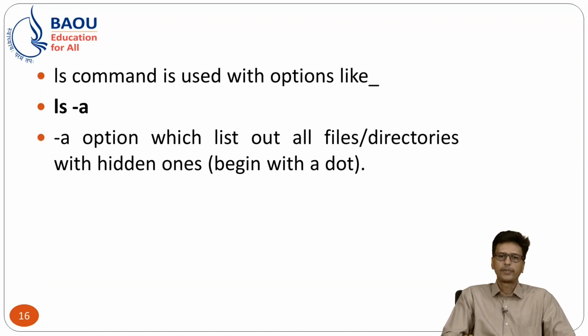Now ls with the a option: if you want to display hidden files, in that case you can use this a option. Hidden files are those whose names start with a dot in a Linux or Unix system.